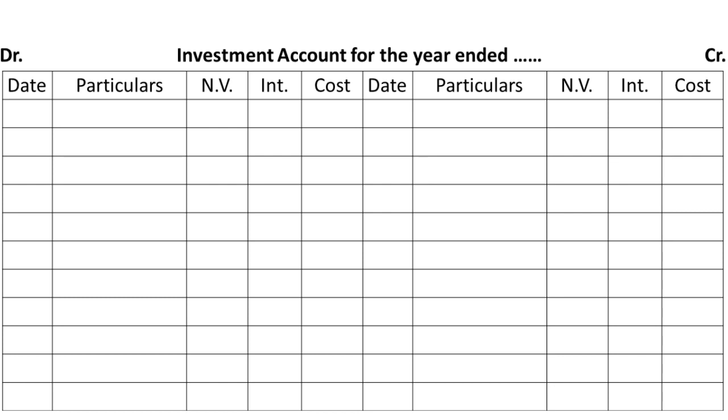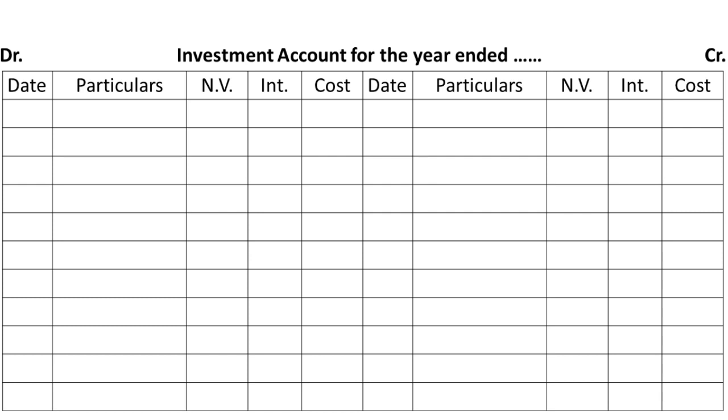Since investment is an asset and asset falls in the category of real account, we have two rules of real account for debiting and crediting. In case of debiting, debit what comes in; in case of crediting, credit what goes out. The same rule will be applicable here.